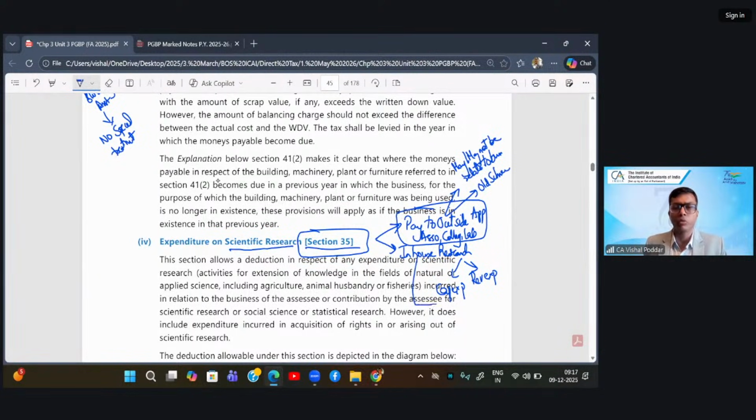When you're doing in-house research, the research should compulsorily relate to business. And this is allowed under both schemes, new also and old also. So in-house research related to business is allowed under both schemes, old and new. And in case payment is made to an outsider, it may be related to business, may not be related to business, but it will be allowed only in the old scheme, not in the new scheme.